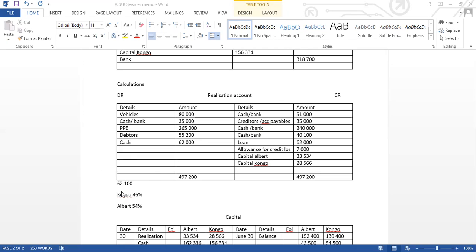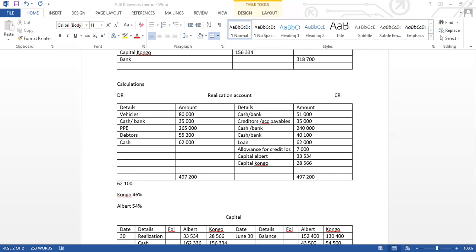It's actually a loss on realization. That is the loss on the realization that we got, and therefore we need to close it off to our capital accounts. So 62,100 will be divided among the two partners.